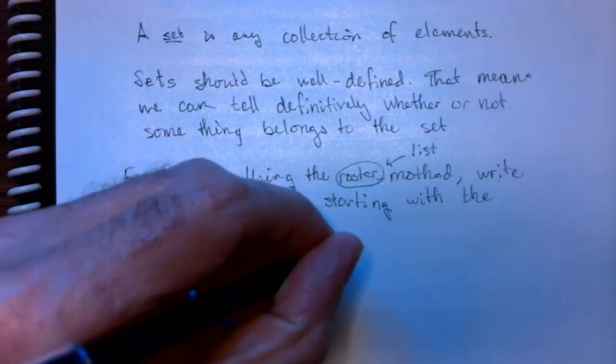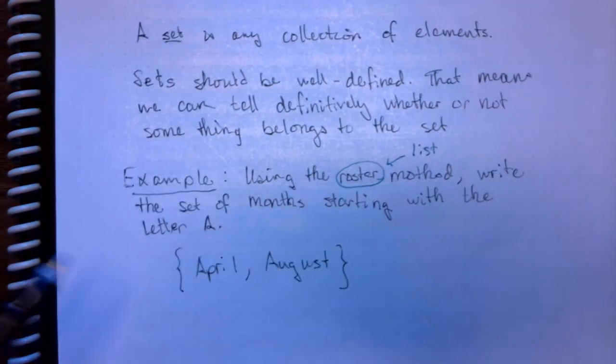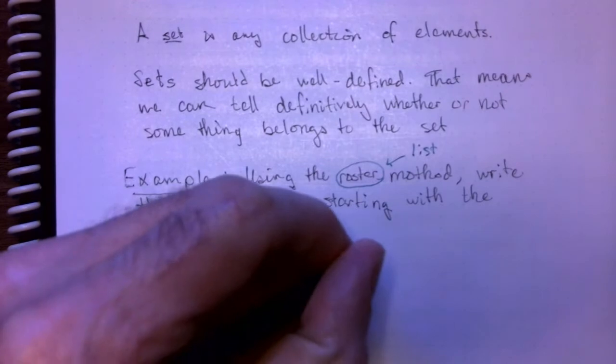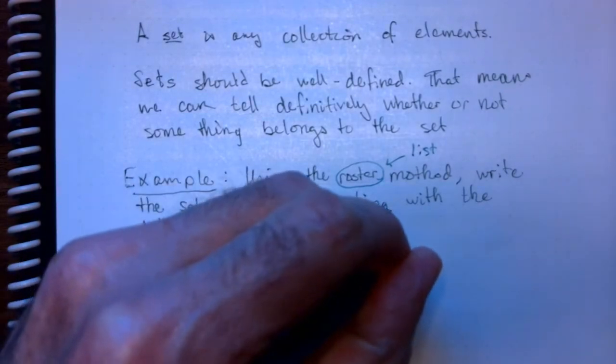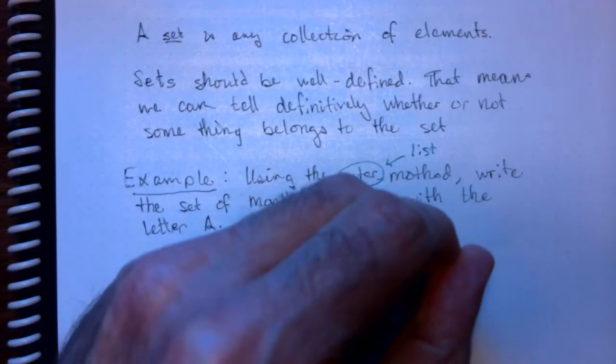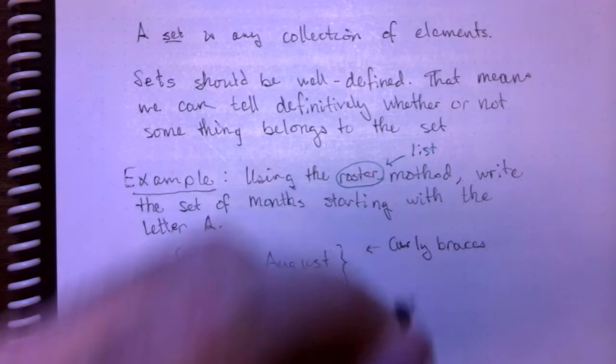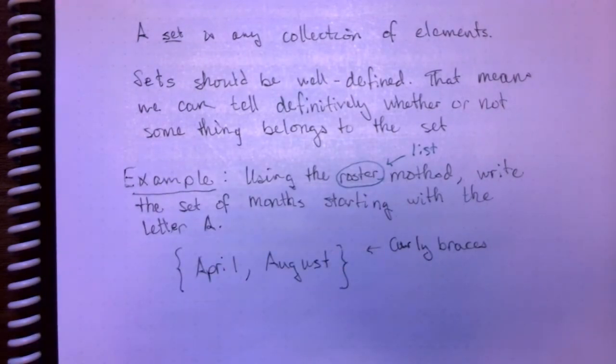Okay, so those are the only 2 that start with A, and then we close it off there. So curly braces indicate that we are giving the elements of a set. Okay, so the roster method, very easy. You just list the elements in the set.